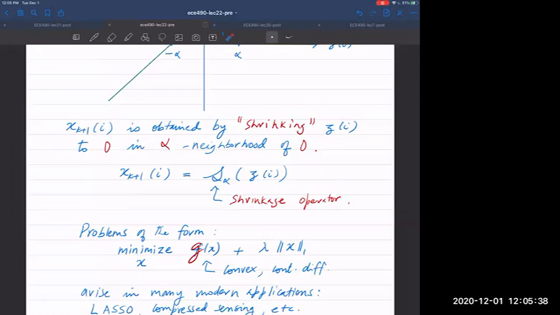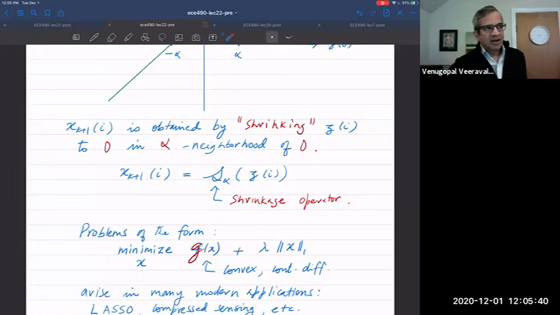But you can show that under certain conditions on the function that you're optimizing, the L1 problem and the L0 problem have exactly the same solution. If you can show that, then by relaxing from L0 to L1, you have not lost any optimality. But in general, you might lose something by that relaxation.